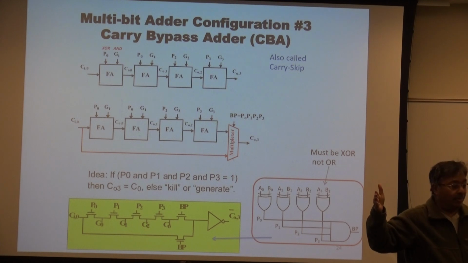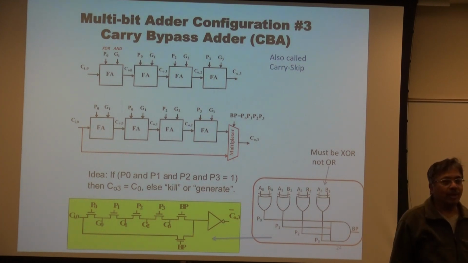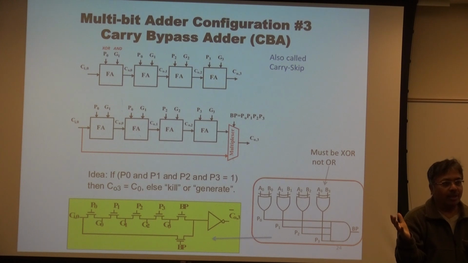Now, if you have 8-bit RCA, then it becomes an 8-bit AND operation, correct? So much of the delay will be eaten up there. So what is the point of trying to save delay if the AND gate is there? So you need to think in a very holistic way.